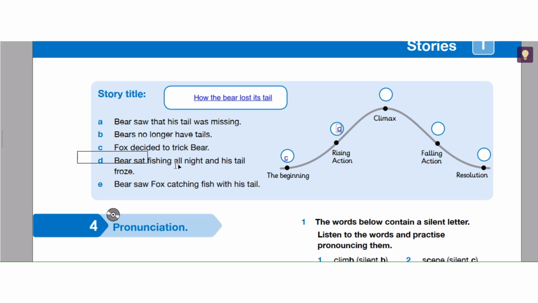Bear sat fishing all night and his tail froze. Very good. Falling action. A bear saw that his tail was missing. Very good. And resolution, the final stage. Bear no longer has a tail. Very good.